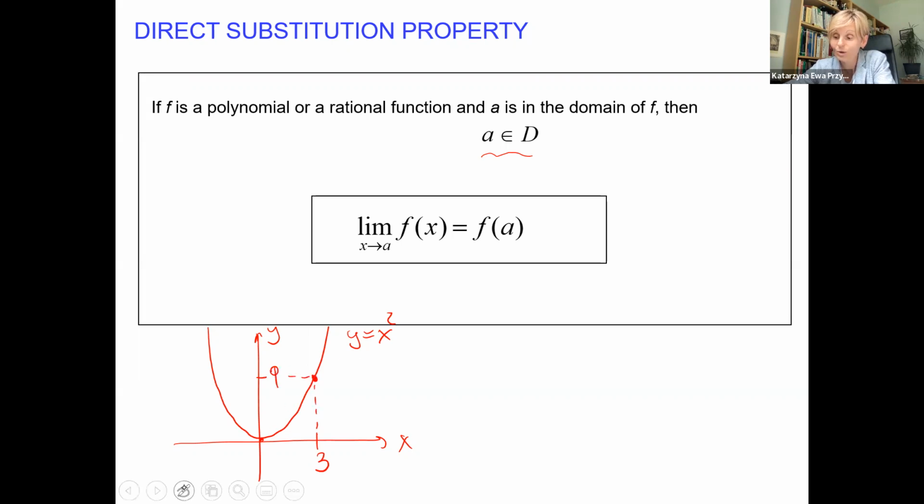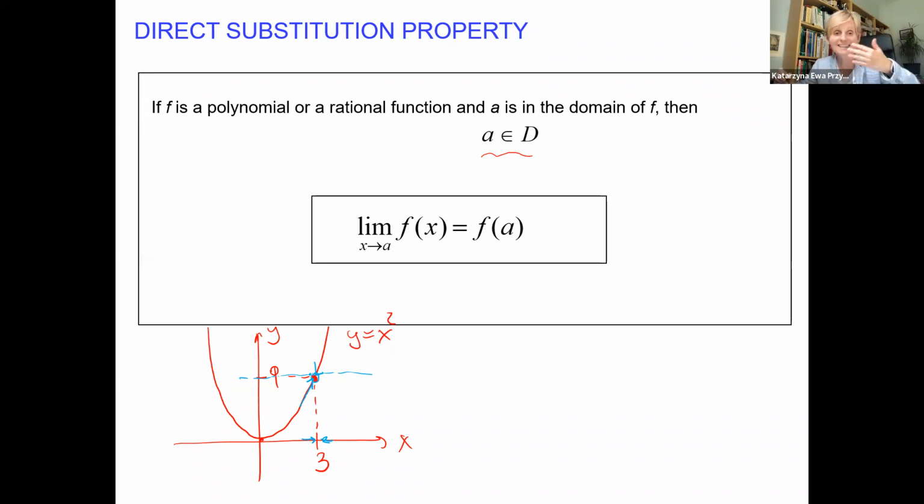Now the limit: when we go sufficiently close to 3 on the left and right hand side, x will approach 3, and the function will approach that horizontal value, that height, 9.